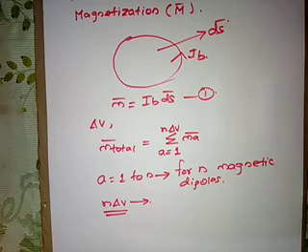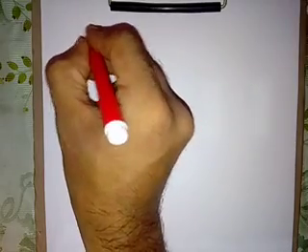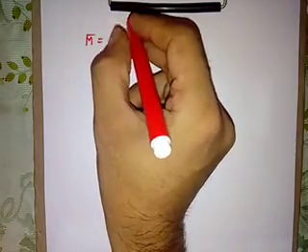Now magnetization is defined as magnetic dipole moment per unit volume. That means M bar is the dipole moment per unit volume.